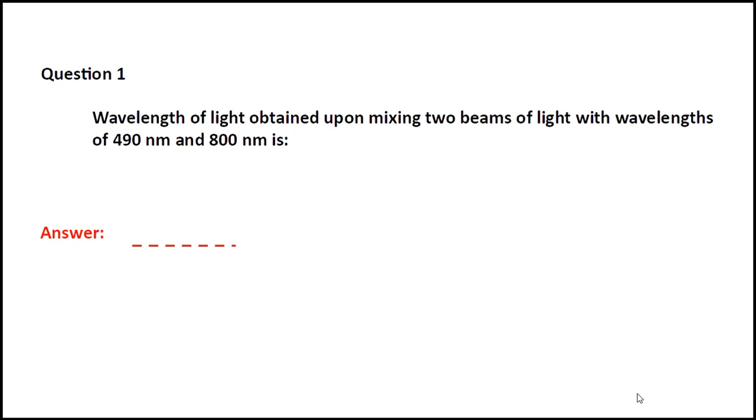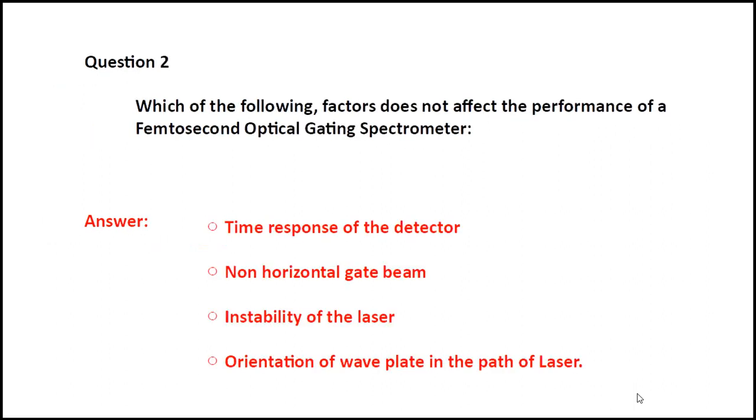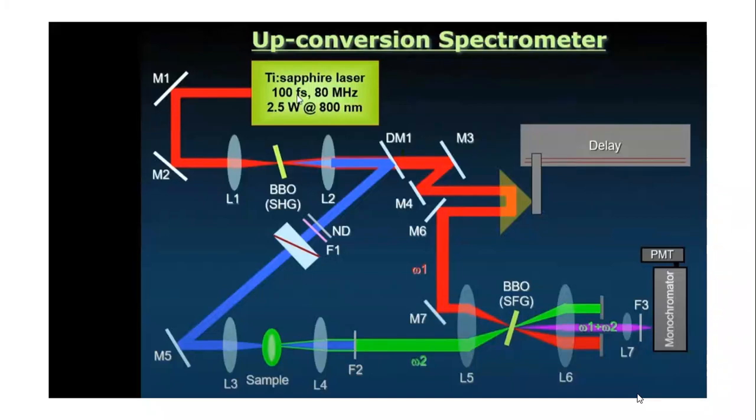So the first one is: suppose the wavelength of light obtained upon mixing two beams of light with wavelengths of 490 nanometer and 800 nanometer is what? This question is related to the FOG instrument, where initially they do up conversion, where the two wavelengths of light just sum up.